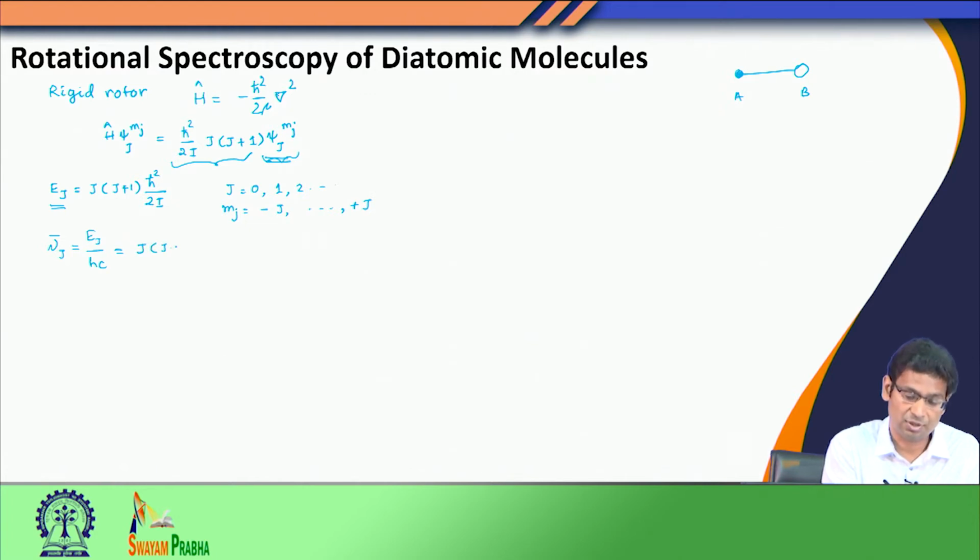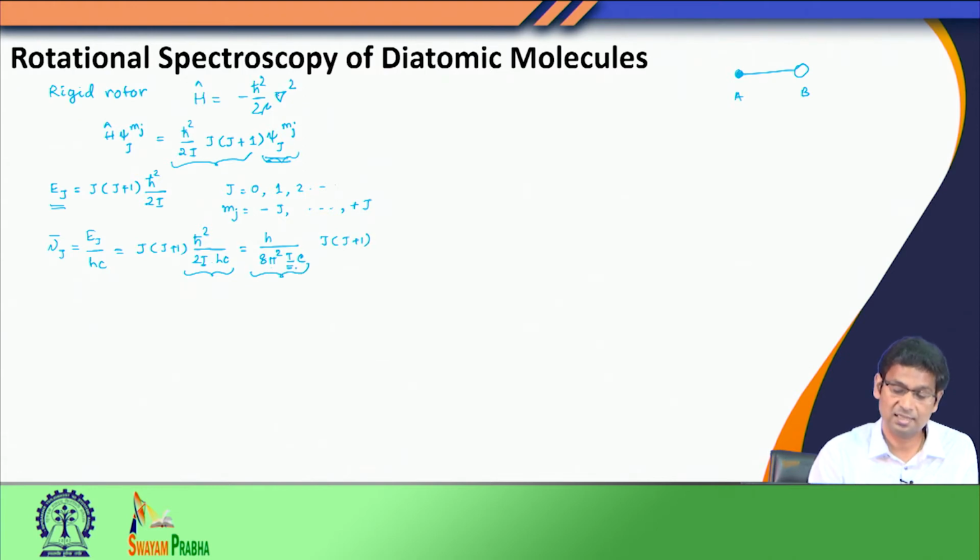So, I have J into J plus 1, h bar square by 2I, now multiplied with hc. h bar square is h square by 4 pi square, so I would be left with h divided by 8 pi square I c, where c is the speed of light, I is the moment of inertia, pi is the constant, and h is Planck's constant, multiplied by J into J plus 1.